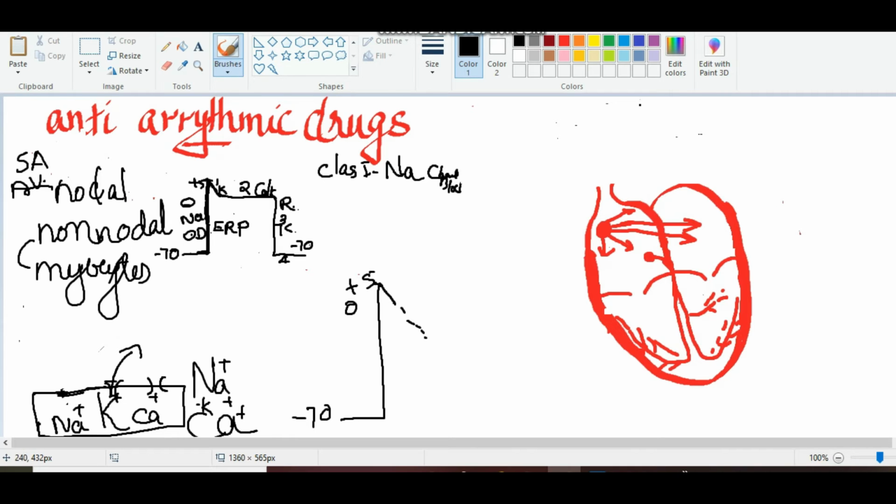When it reaches here, the calcium gate opens up, and calcium comes into the cell. Now two things happen. Potassium is going out, making the cell negative, and calcium is coming in, making the cell positive. So we get an average deflection like this. Once it reaches the threshold, the calcium gate closes, and no more calcium comes into the cell.